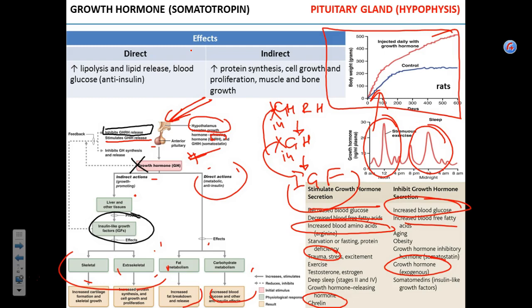For example, what effect will it have on the IGF levels? They will go up. What effect will it have on the growth hormone levels? Endogenous growth hormone. Decrease, yes. Growth hormone that I produce myself will go down.